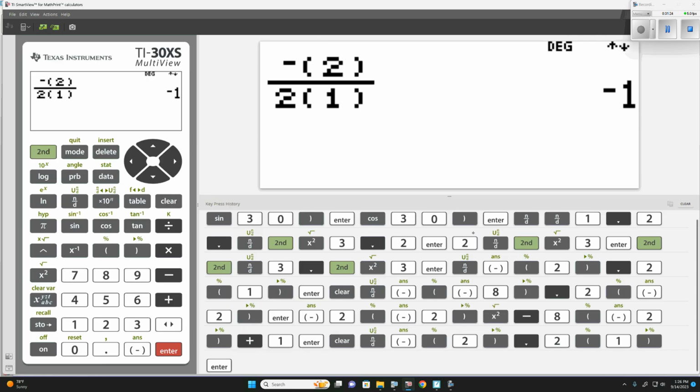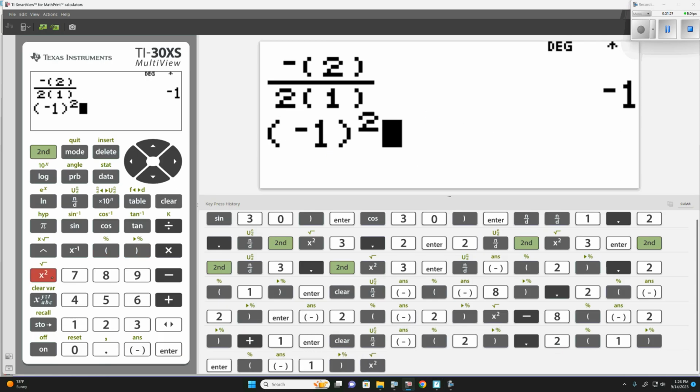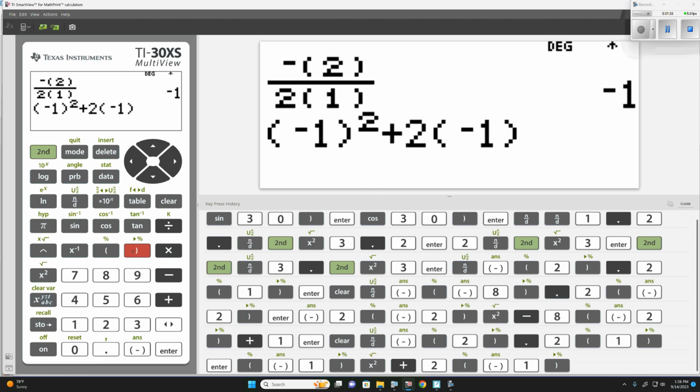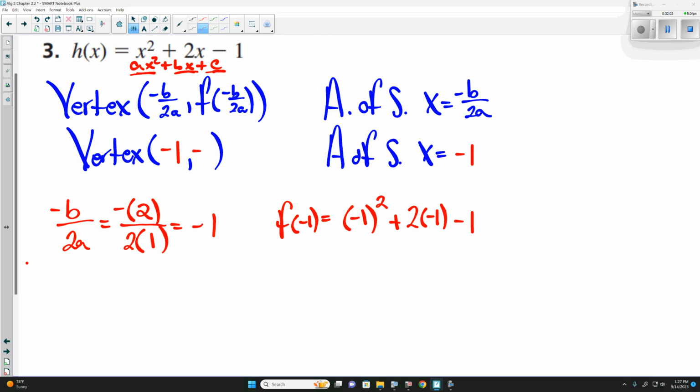That's 1 minus 2 minus 1, and we get -2, which means the y value of our vertex is -2.